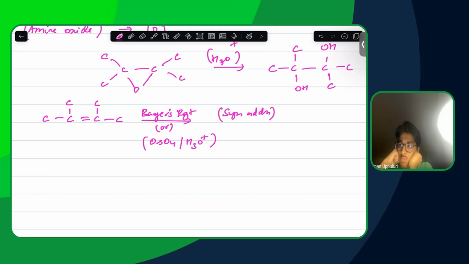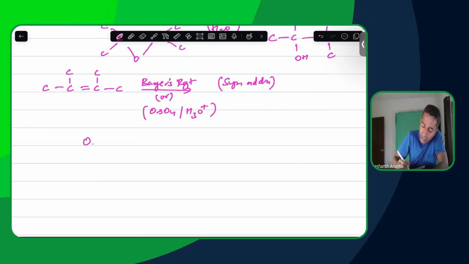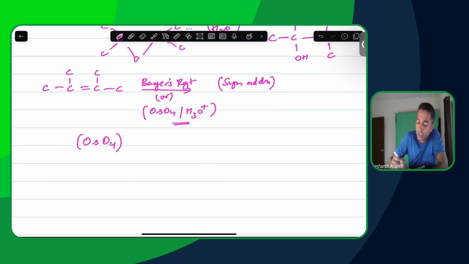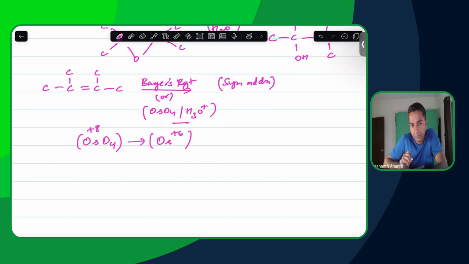Their explanation is that osmium tetroxide is the actual oxidizing substance here, followed by hydrolysis. Osmium in +8 is expected to go to +6 during the reaction and get consumed.